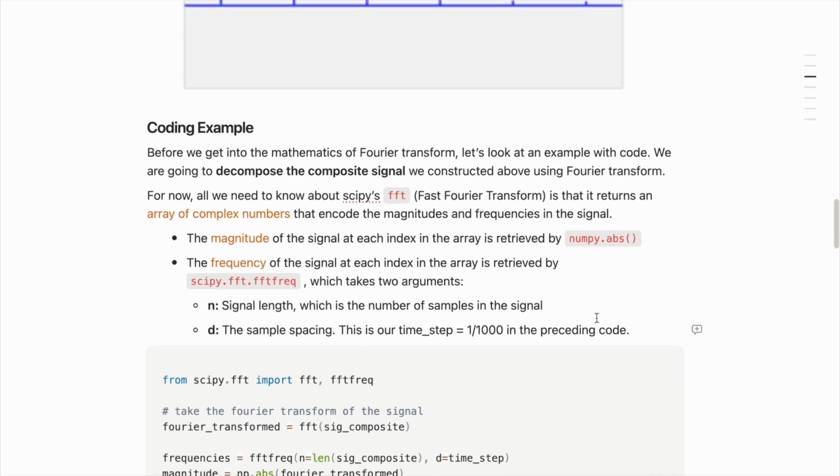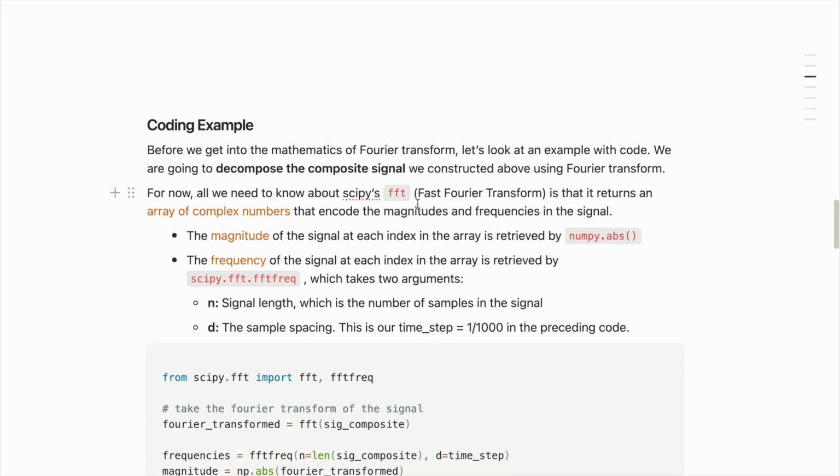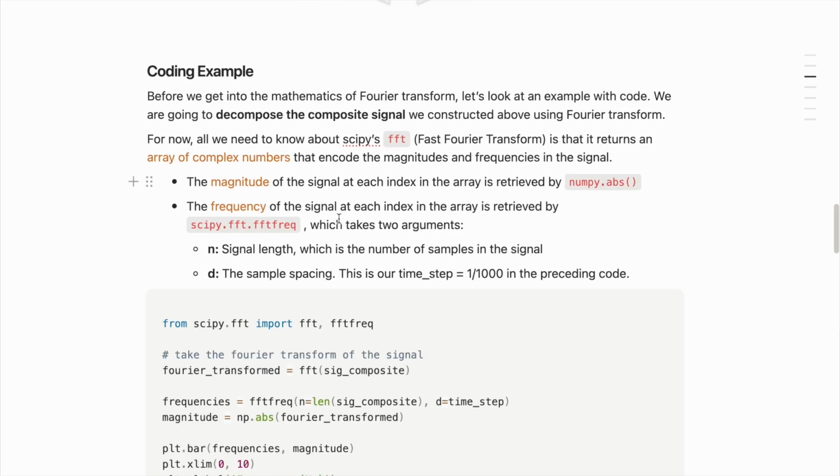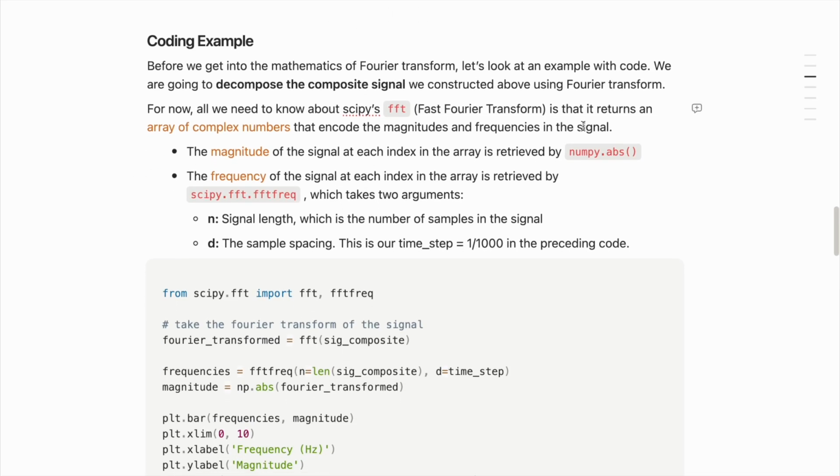We're going to use SciPy's fast Fourier transform, and we'll talk about what fast means later. And for now, all we need to know about this function is that it returns an array of complex numbers that encode the magnitude and the frequencies in the original signal.